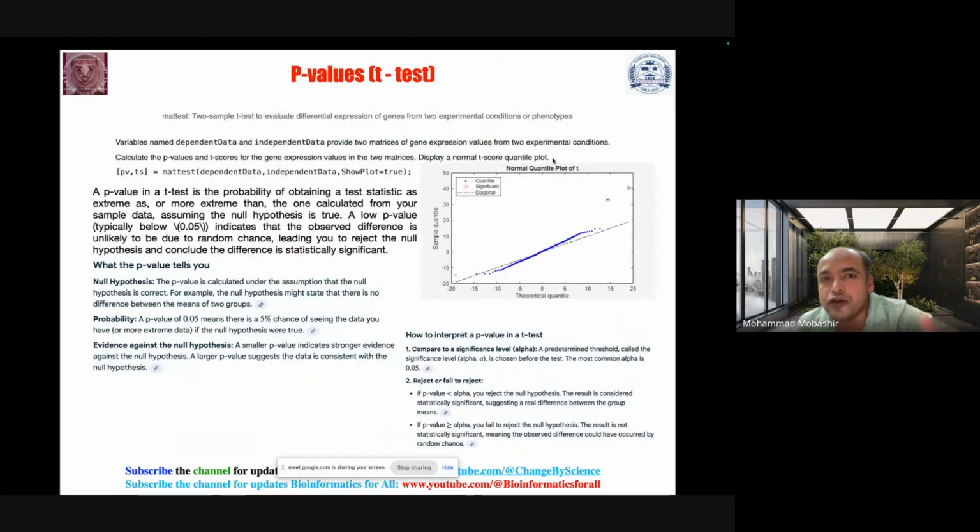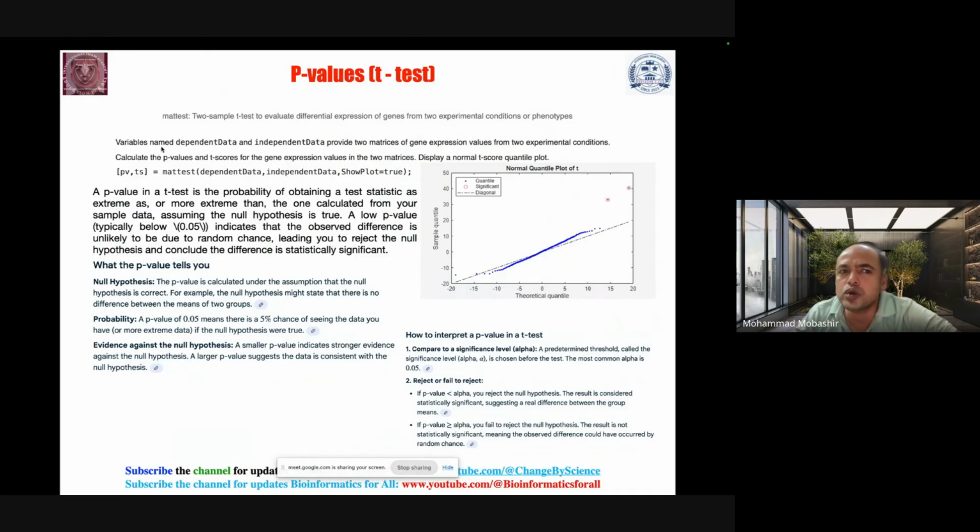So if you are performing the t-test for the purpose to generate p-values, then you need to understand what kind of samples you have. Are you going to compare two sample t-test to evaluate the differentially expressed genes from two different experimental conditions or phenotypic conditions?